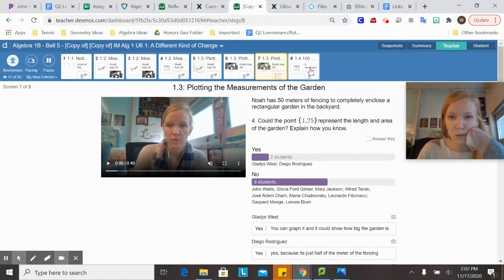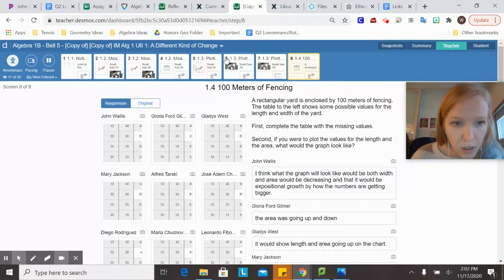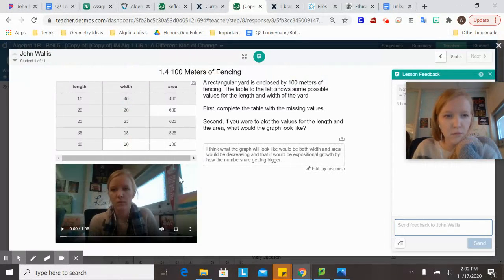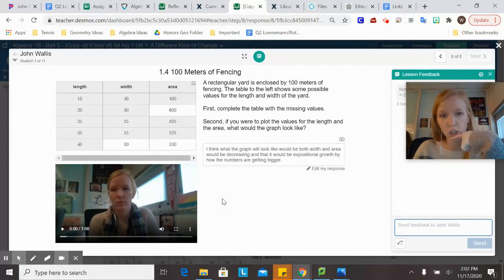Alright, on our last one, you just have to fill in a table again. Let me try and find someone that did it right. Okay, this one is close to being right. I'll change one thing. This box is missing. Remember, area is length times width. So they did 20 times 30 to get 600.